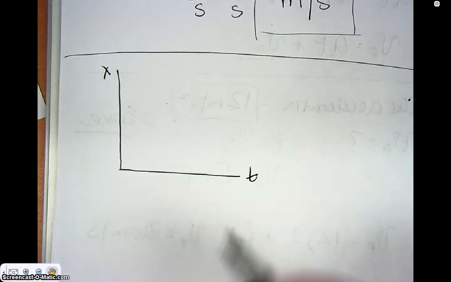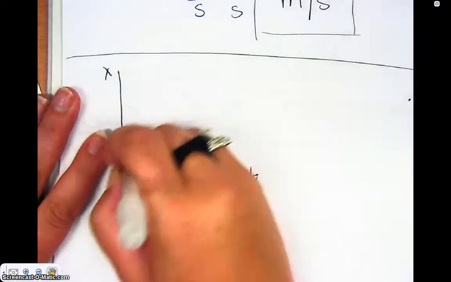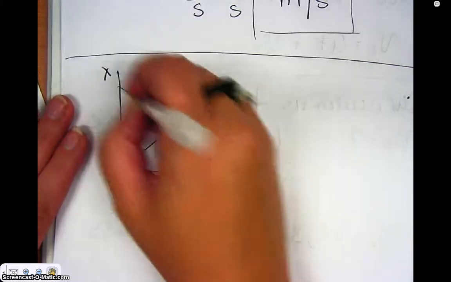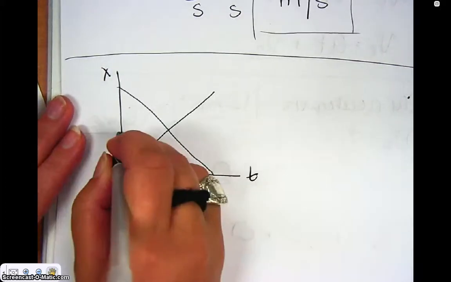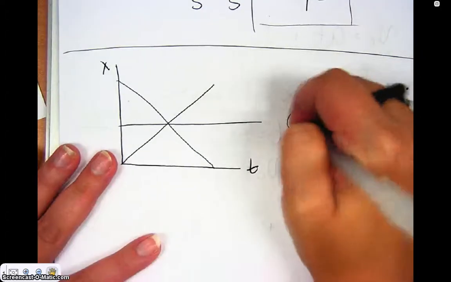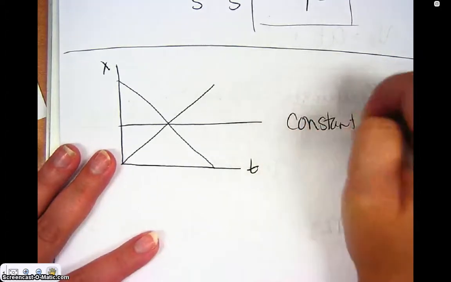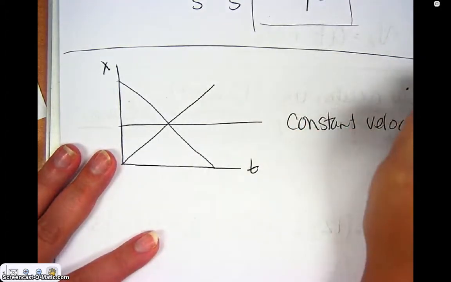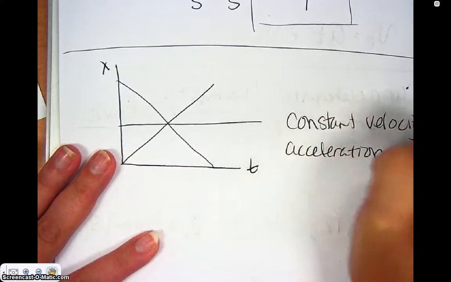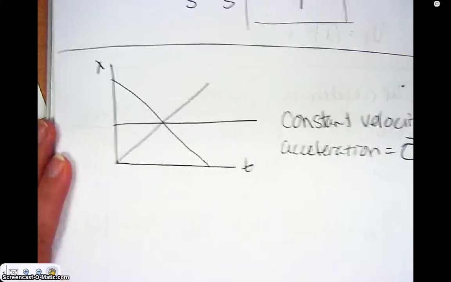So for a position versus time graph, you're going to have something linear, and it can have some positive slope, it can have some negative slope, or it could have no slope. All of these instances right here are examples of a constant velocity, or acceleration equal to 0. All right.